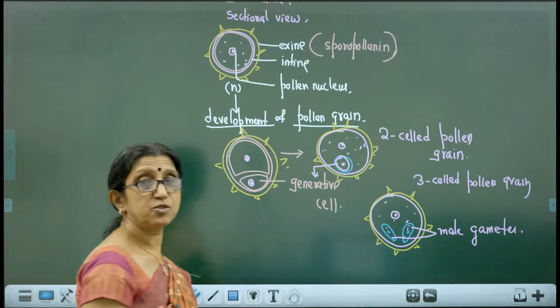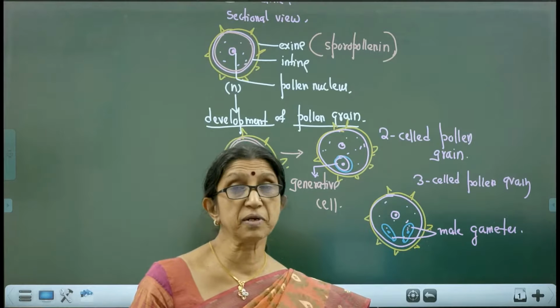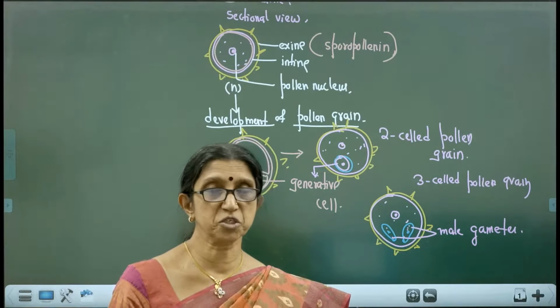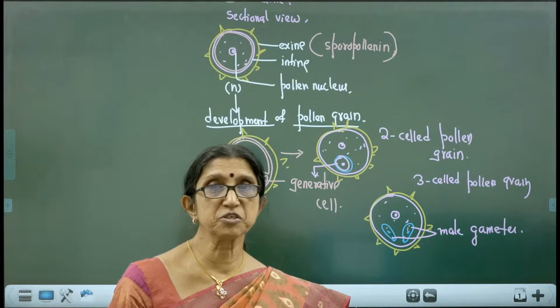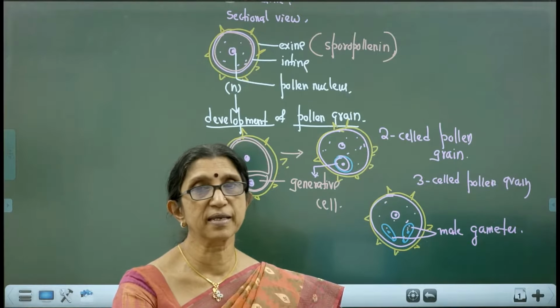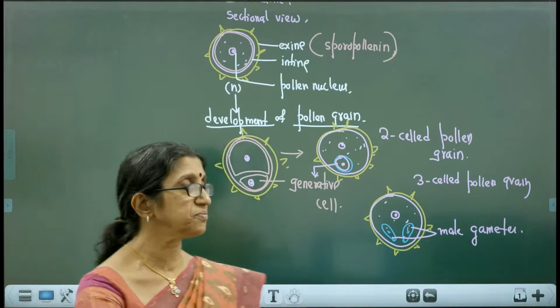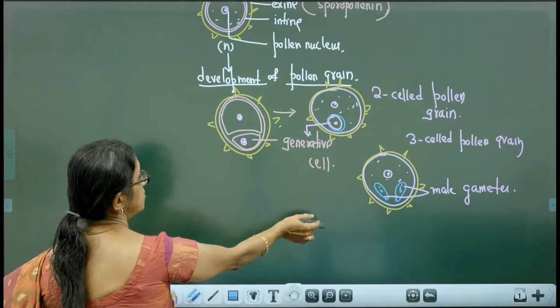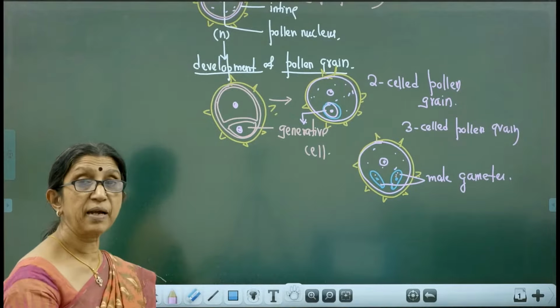So the anther breaks to release the pollen grain either in the two-celled stage or three-celled stage, and in the majority of angiosperms, the anther dehisces to release the pollen grains at the two-celled stage. Okay, so this is all about microsporogenesis.